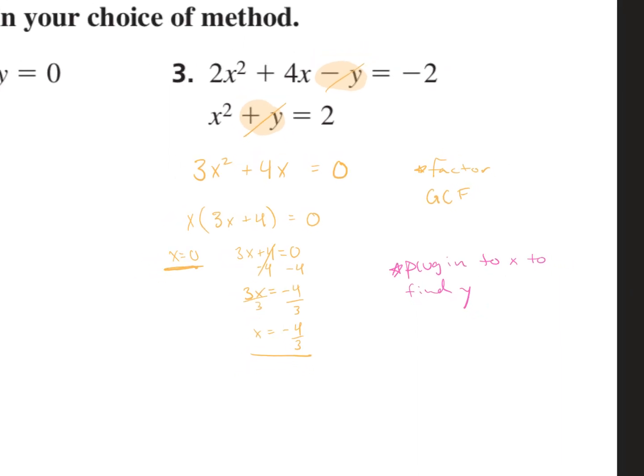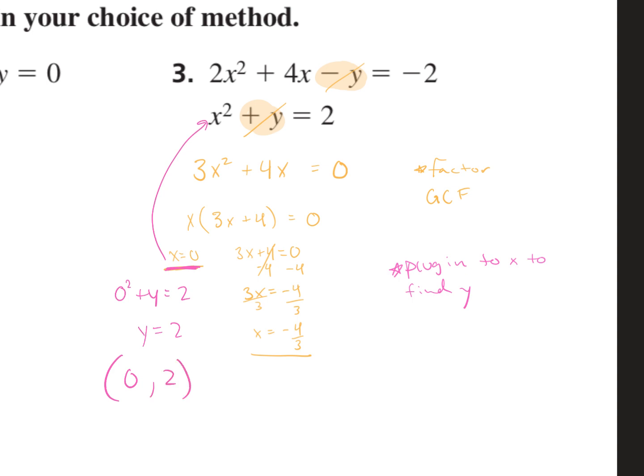So I'm going to plug it into the second equation because it looks a little bit easier. I'm going to start with my x is equal to 0. So I'm plugging that into x. So this would be 0 squared plus y is equal to 2. 0 squared is just 0. So y is equal to 2. So my point here would be (0, 2).